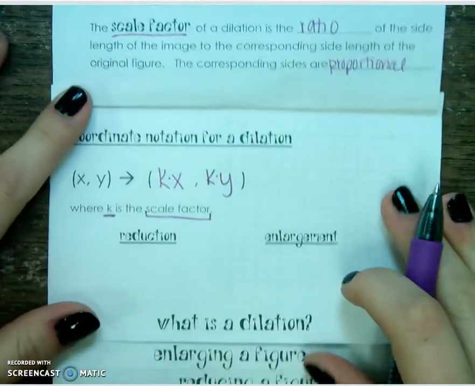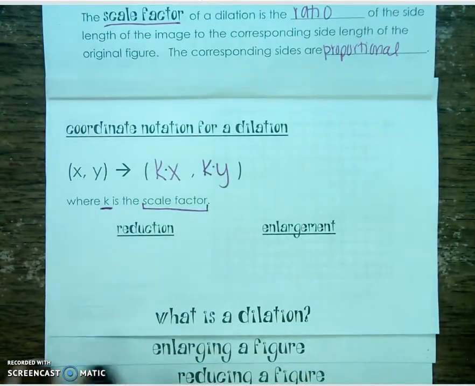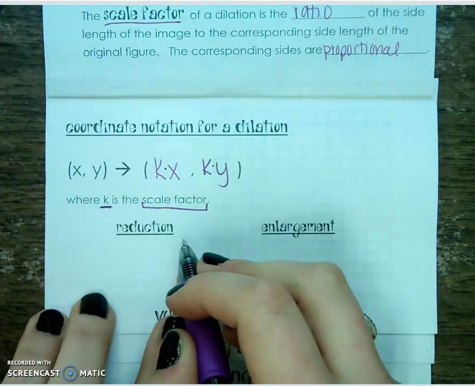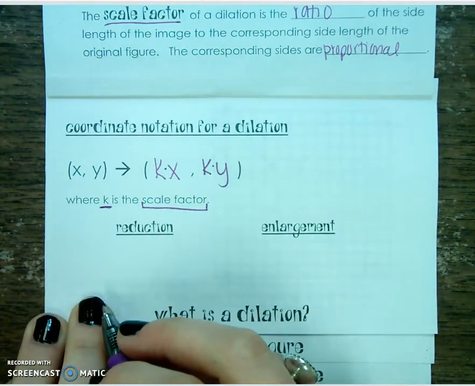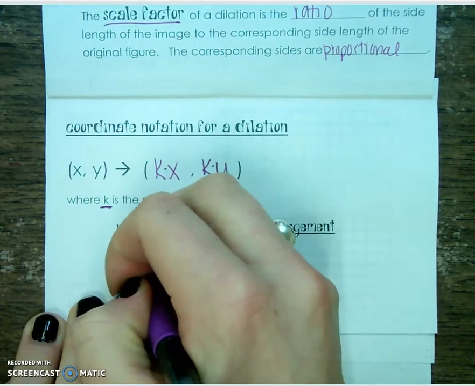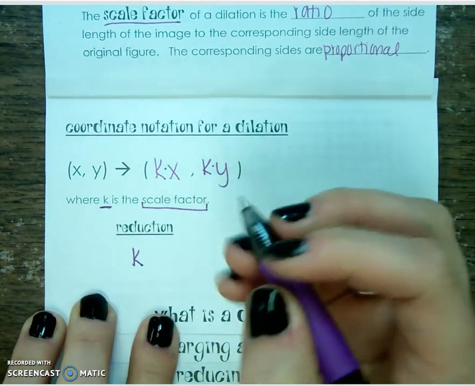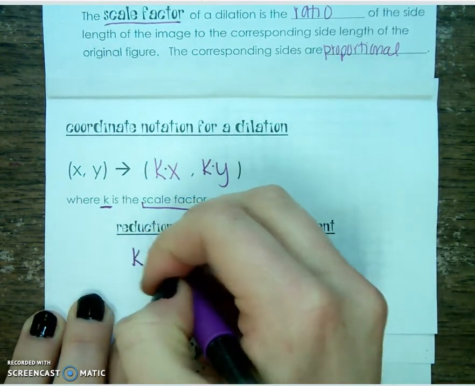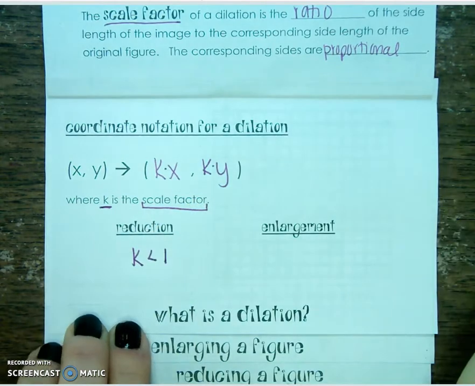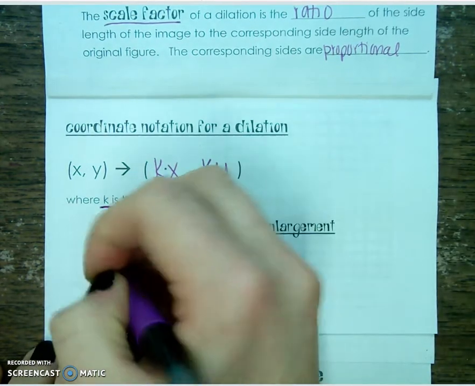Okay? Reduction. When we're reducing something, we know that it's got to be smaller. That scale factor, k, has to be less than 1 but greater than 0.